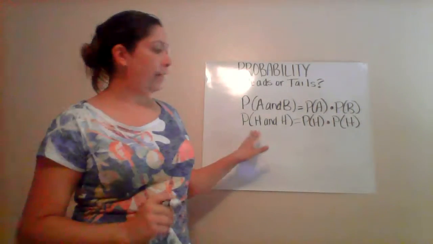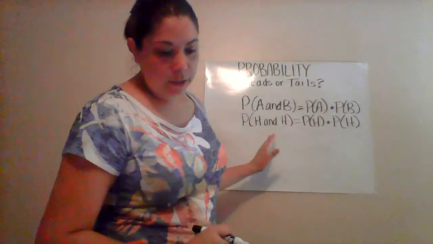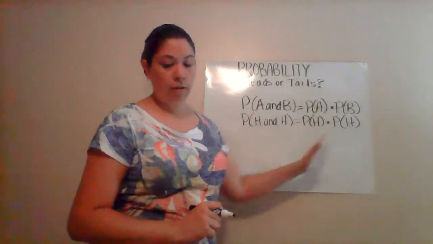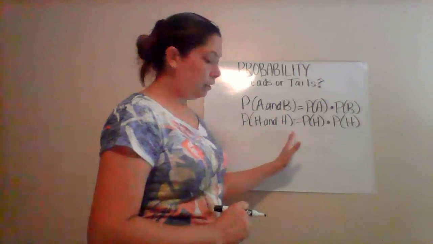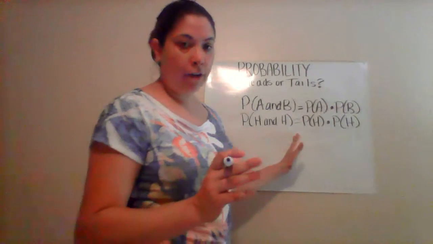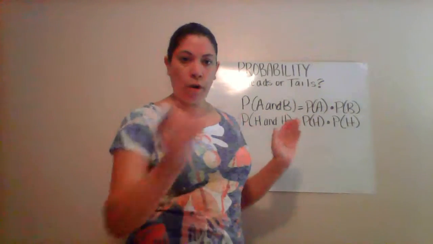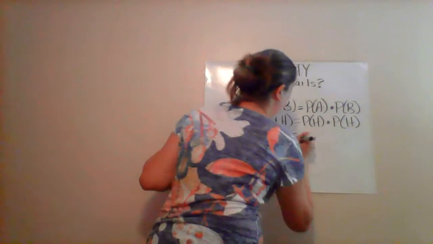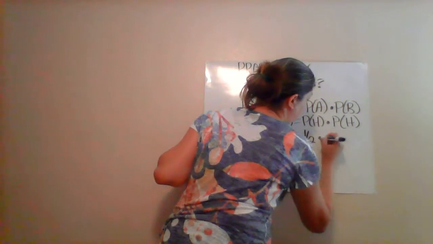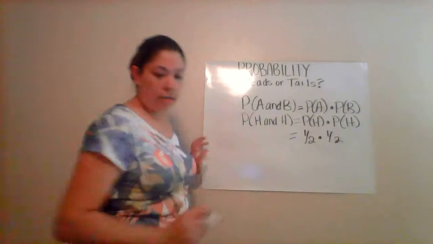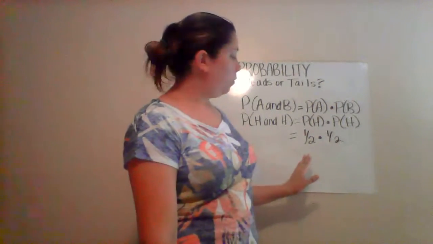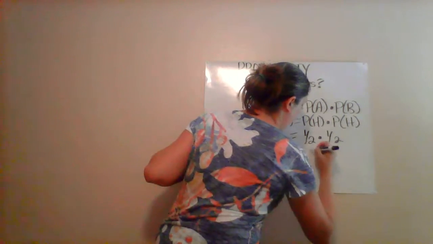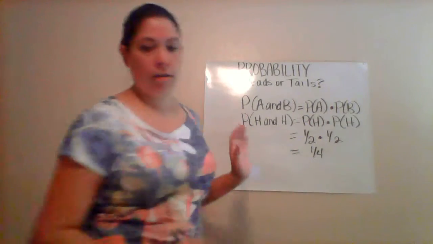So the probability of it landing on heads 2 times, since heads is 1/2 of the coin, we're going to write 1/2. So it equals 1/2 times 1/2. So 1/2 times 1/2 equals 1/4.